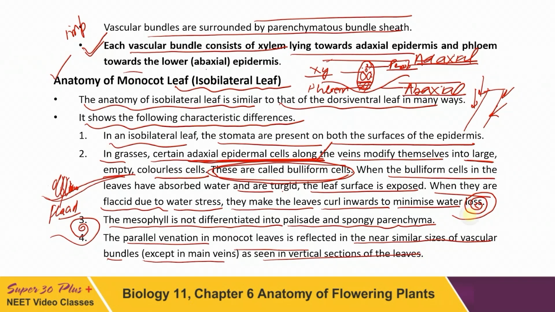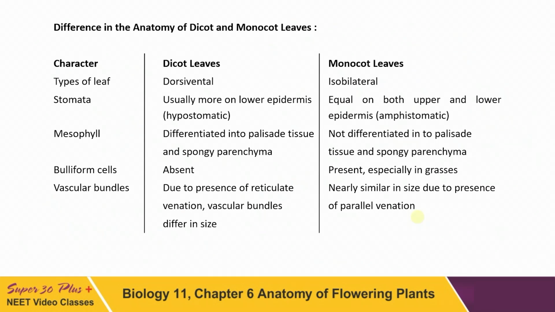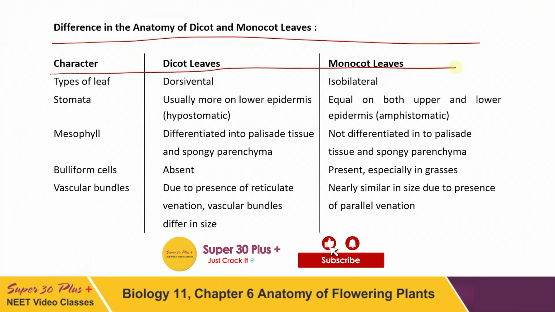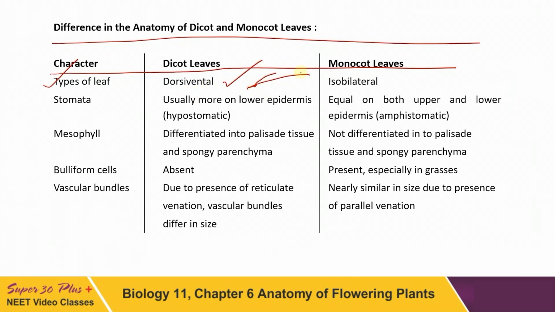Right? Yes. So what we have seen by now, we have to summarize in table form: differences in anatomy of the dicot and the monocot leaf. Characters: dicot and monocot leaf. In a fast way we can go. Type of the leaf: dorsiventral in dicot. Yes, no need to go like this.